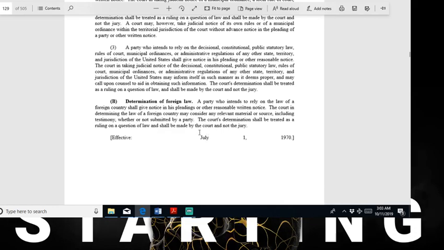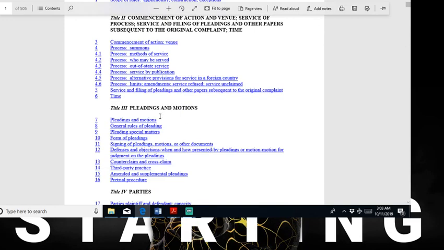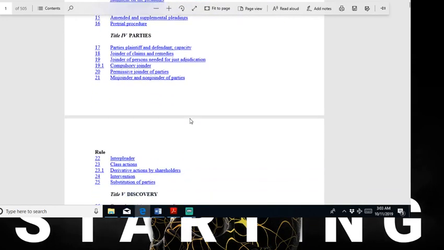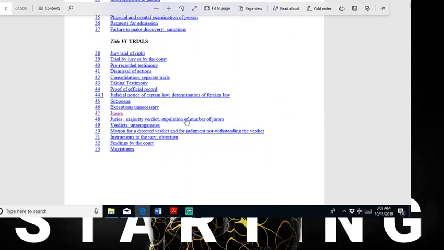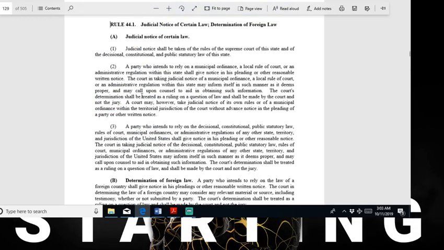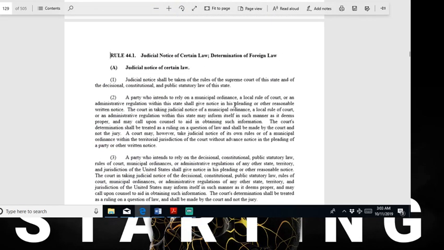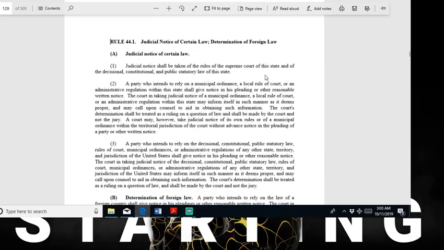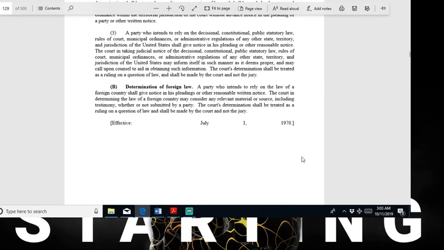Let's go back to the rules. Let me show y'all something. See, there's a couple of people that look at what we do and they don't understand because they don't have the wherewithal. So I showed you, when you take a judicial notice and you're looking at the rules, you got to understand how you get in the court to look at this information.